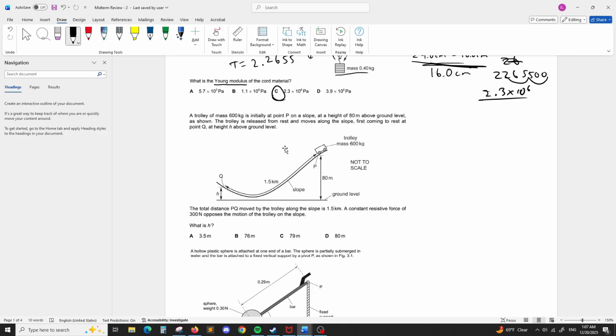Okay. So we have energy up here and we have energy here. Recall that the gravitational potential energy is mg delta h, right? So it's going to be 600 times 9.81 times 80 minus h.